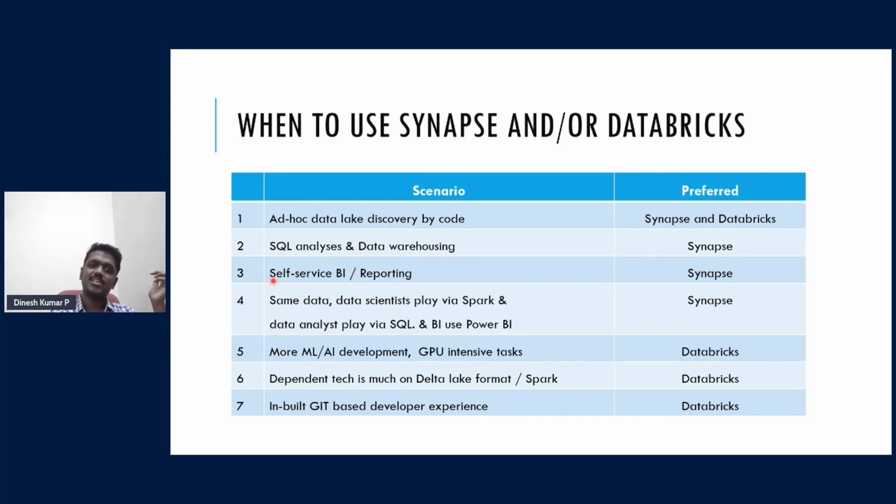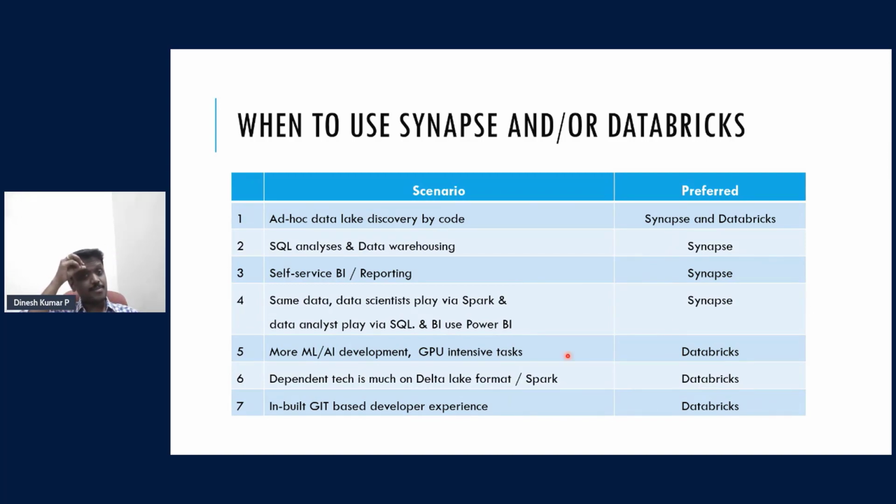And if it is for self-service BI, where business users will be creating the reports, I definitely recommend Synapse. And if the scenario is that on top of the same data, the data scientist would be playing with Spark, the data analyst would be playing with SQL, and the business intelligence people would be using Power BI, I definitely recommend Synapse, right?